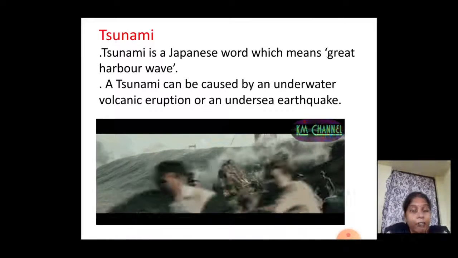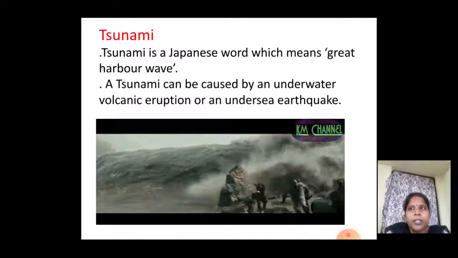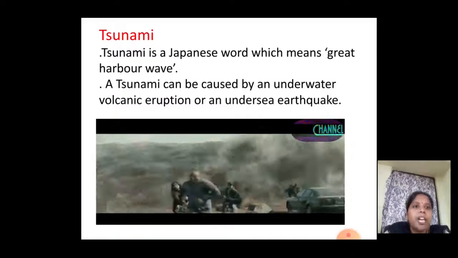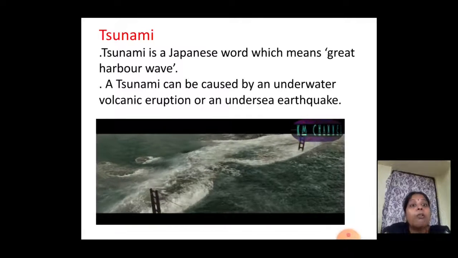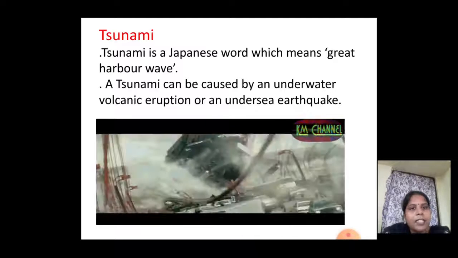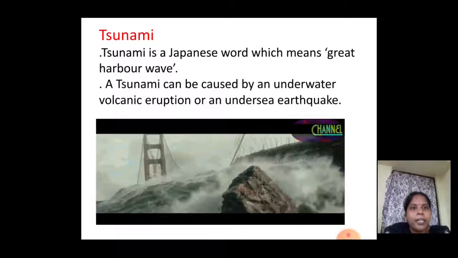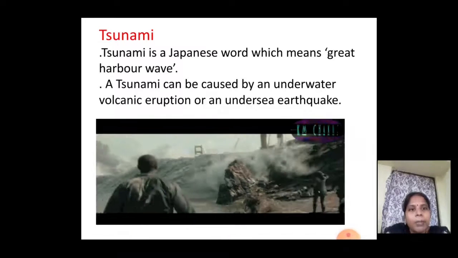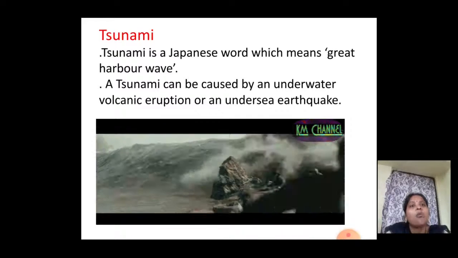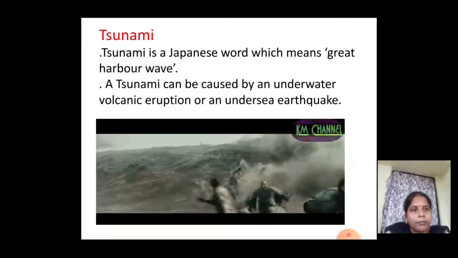When it approaches the land, children, it becomes a wall of water. Usually we see walls built with bricks and cement, but at the time of a tsunami we can see a wall of water.